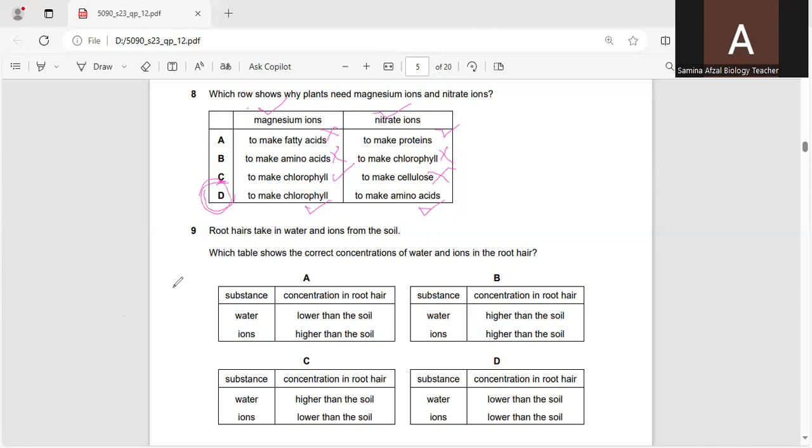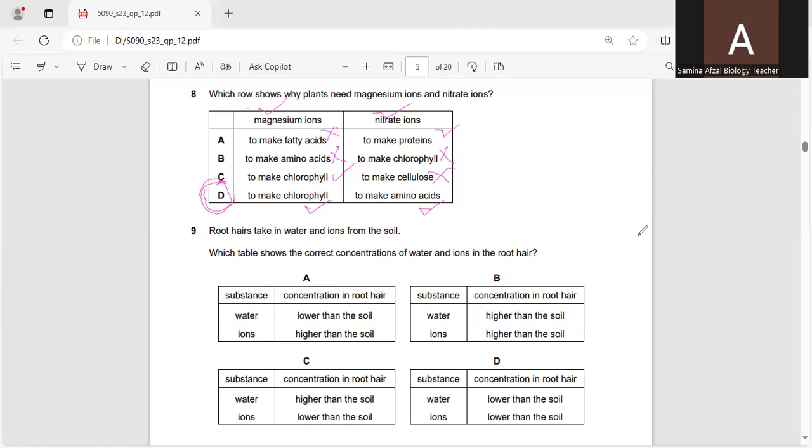Next, question number 8. Root hairs take in water and ions from the soil. Which table shows the correct concentration of water and ions in the root hairs? Okay, there are 4 options and each option has 2 columns in which they have shown substance and concentration in root hairs.